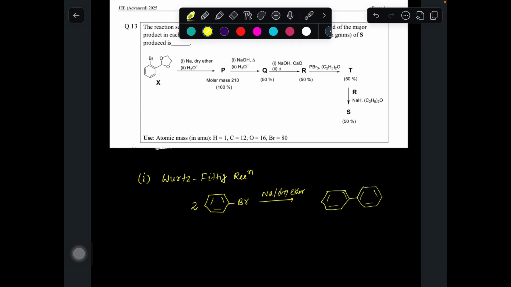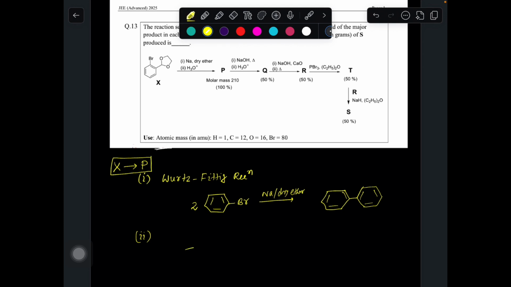Now in the second step, H3O plus is given, for the conversion of X to P. This step is very interesting.